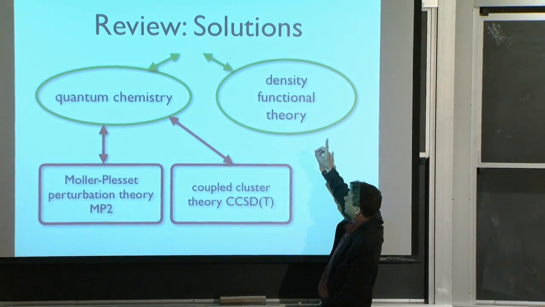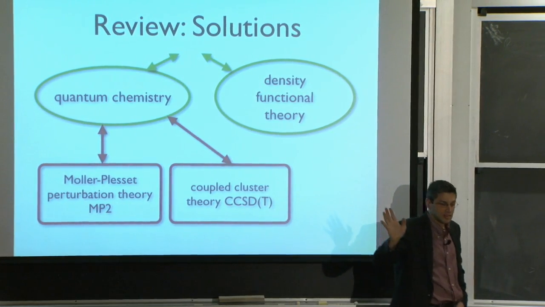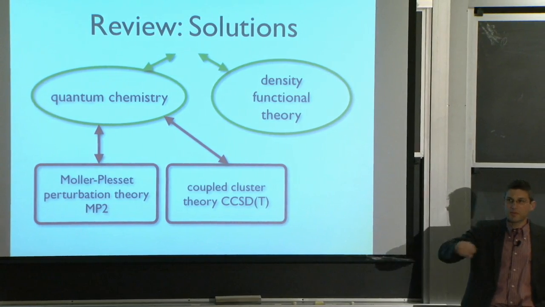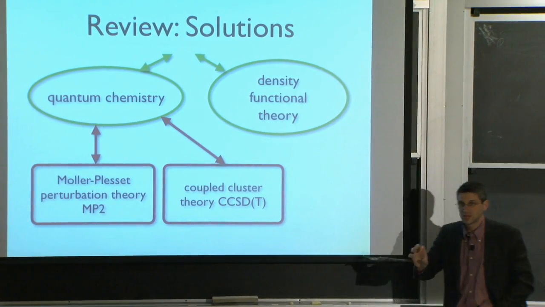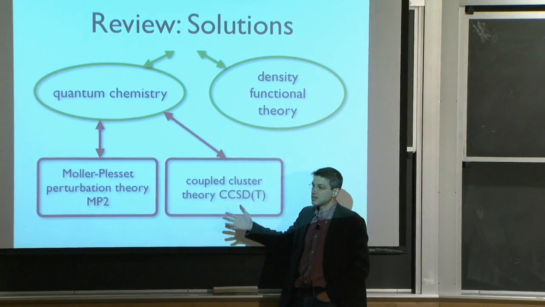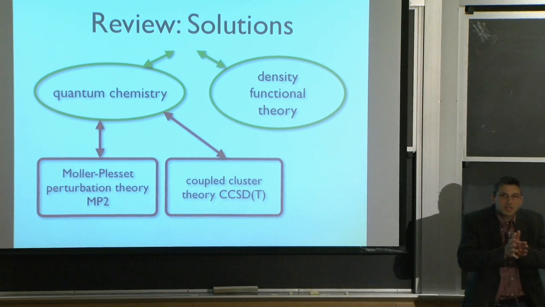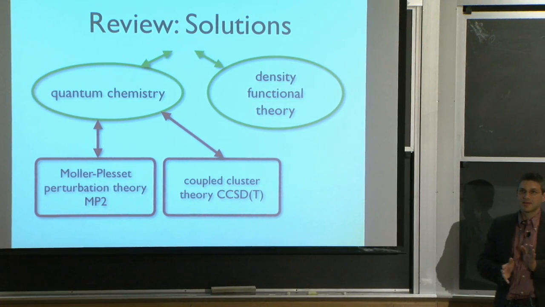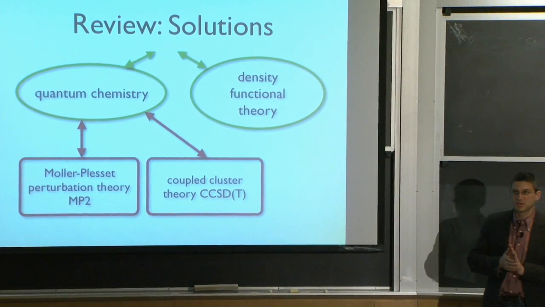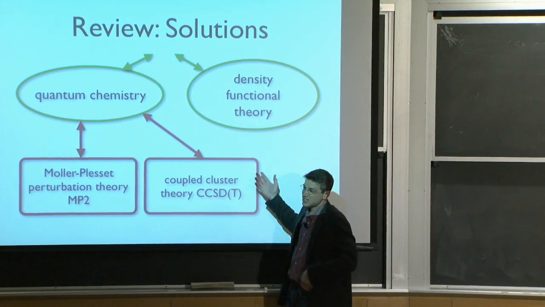Now, there were basically two paths, because they saw this and they knew, they being the people thinking about computational materials, physics, and chemistry back in the 1940s. They knew they needed to do something. So there were essentially two paths: a path that most chemists took, and a path that most physicists took, starting in the 60s, really.